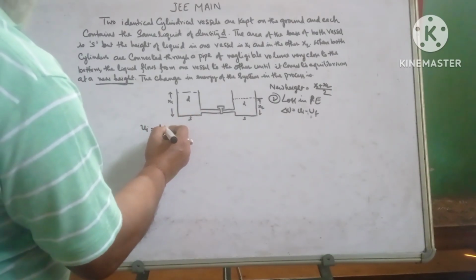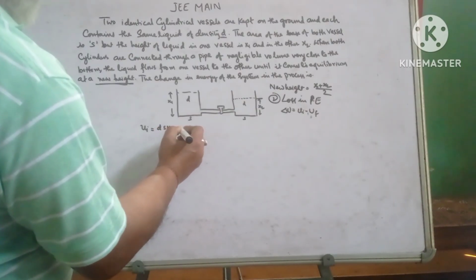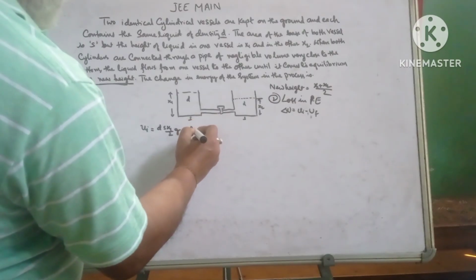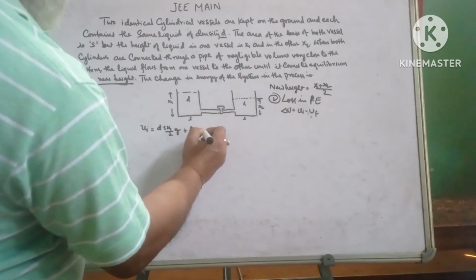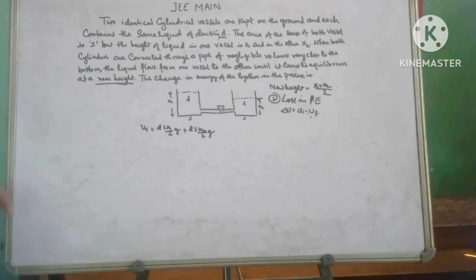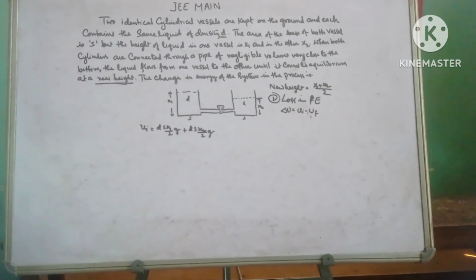Volume is S x1 by 2 into g, plus dS x2 by 2 into g. Why did I take x1 by 2 or x2 by 2?